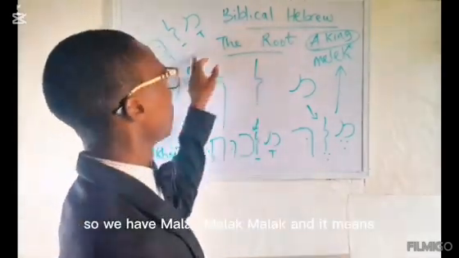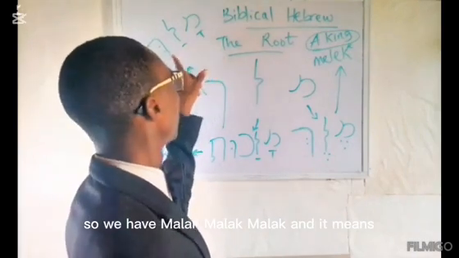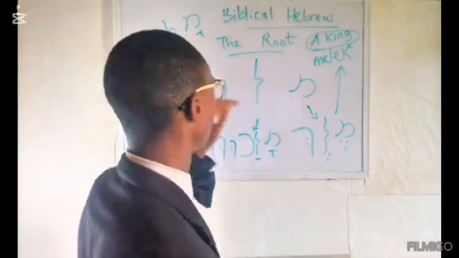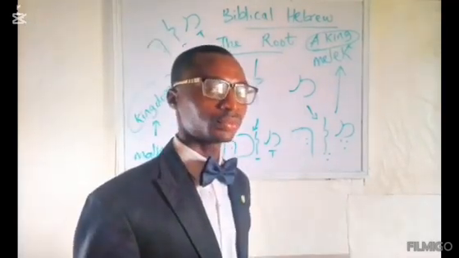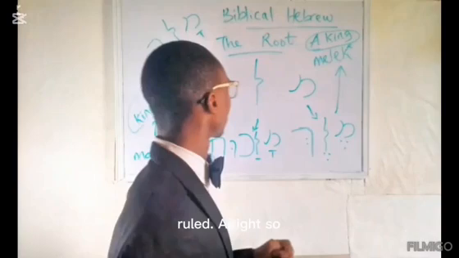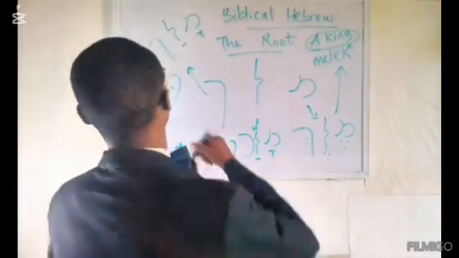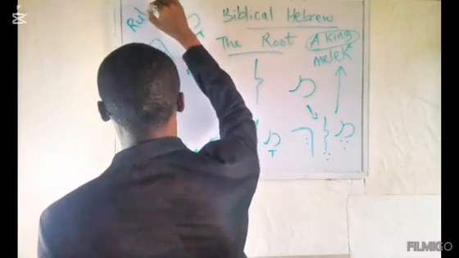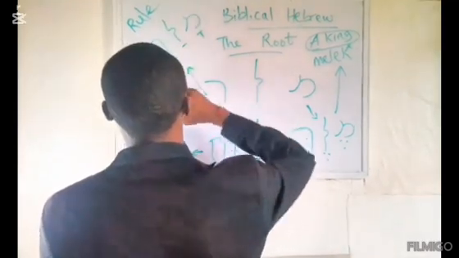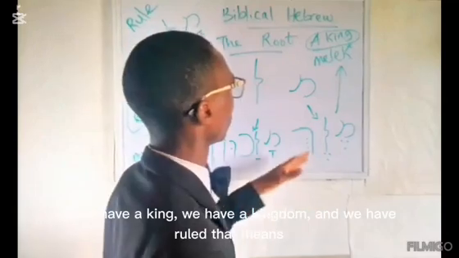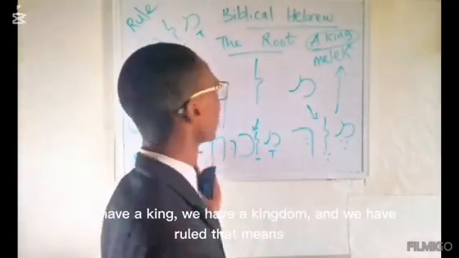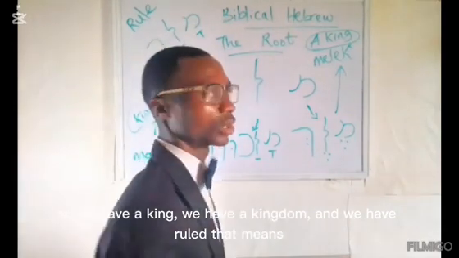So we have melak, malak, and it means rule. All right. So we have a king, we have a kingdom, and we have a rule.